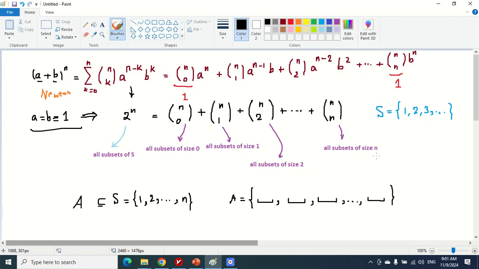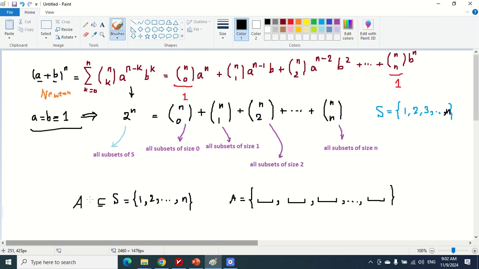So the addition of all subsets of size 0 up to size n determines all subsets of S. And based on the information that you had in high school, if S is given by 1, 2, 3 up to n, so we have n elements inside of our sample space, then these determine the subsets of S.